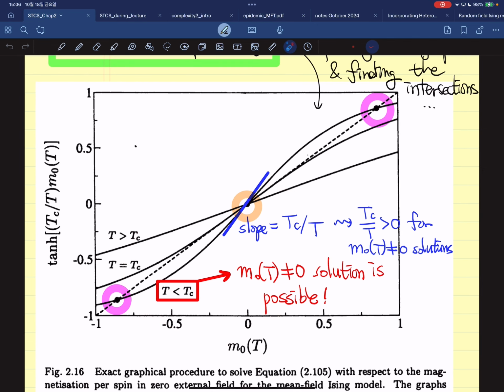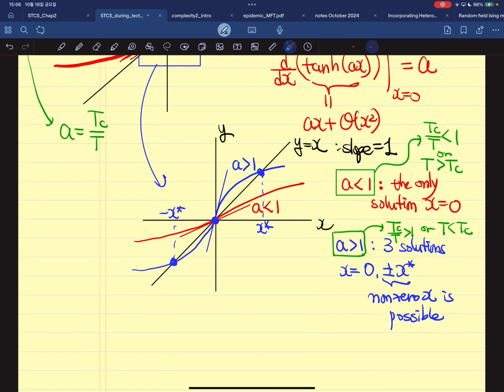In the textbook, it shows this relative slope compared to the slope 1. And of course, you can see that if A is 1, it's kind of borderline. Kind of a marginal case.